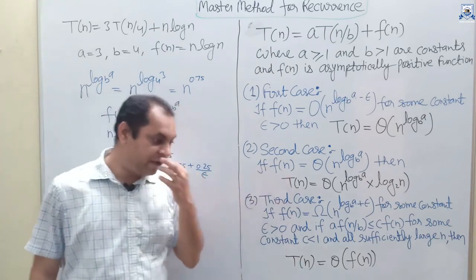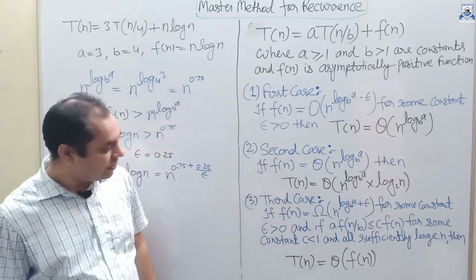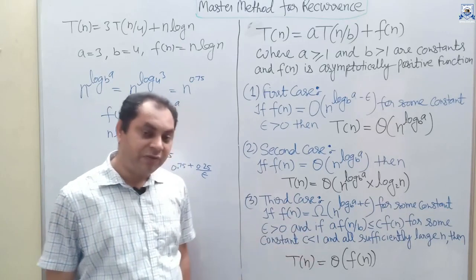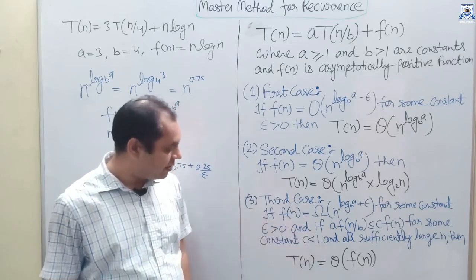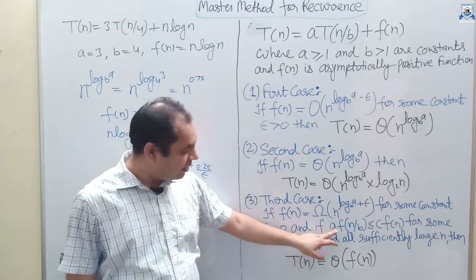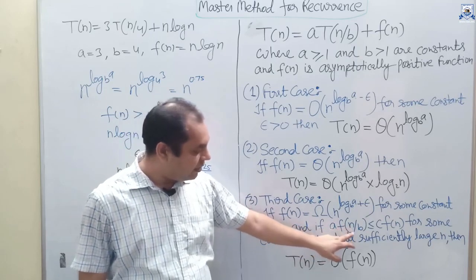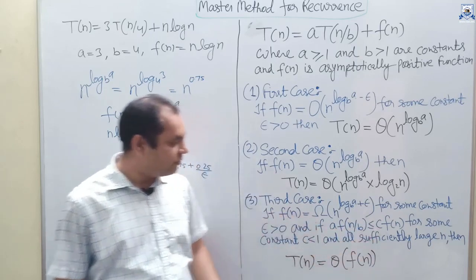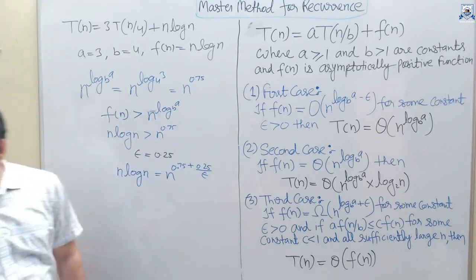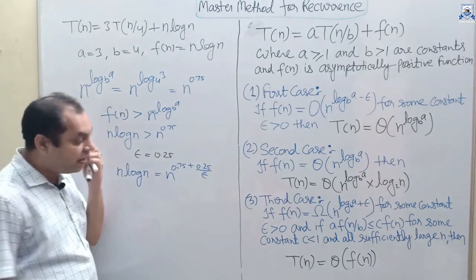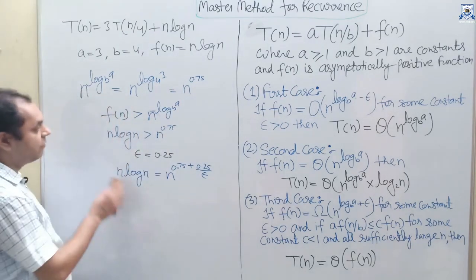That means in this case the third case may be applied. Now, before we can apply the third case, we have to check one more condition, that is the regularity condition. As per this condition, a f(n/b) must be less than or equal to c f(n) for some constant c which is less than 1.